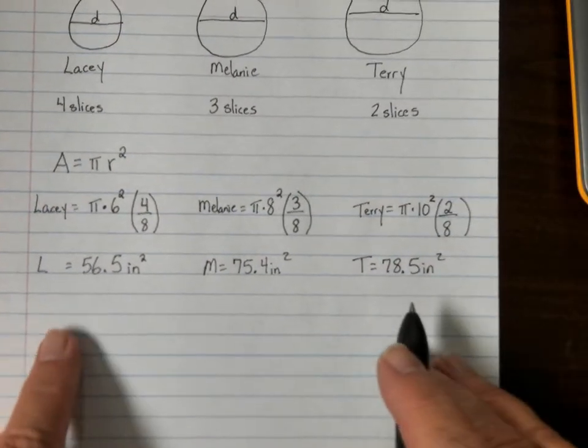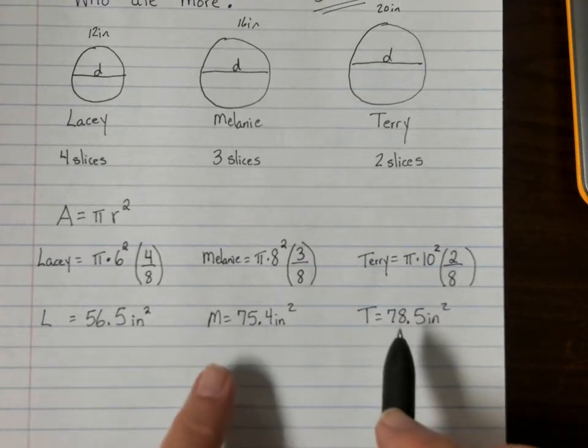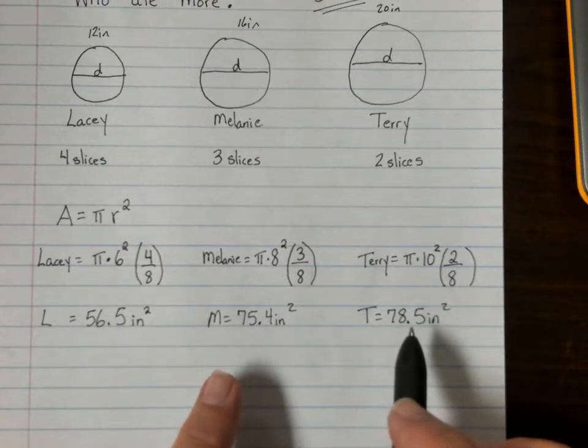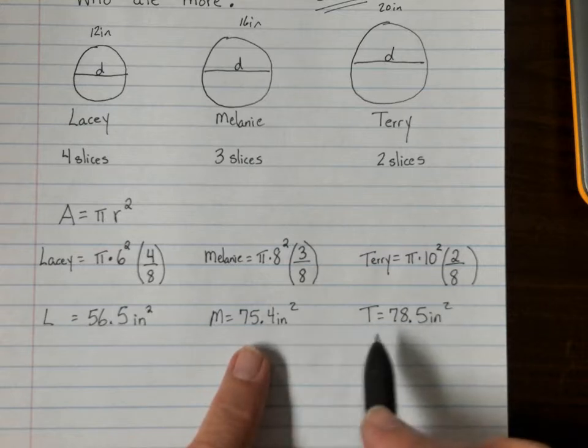So that's interesting. Terry ate the most, but not by much, right? He and Melanie were very, very close.